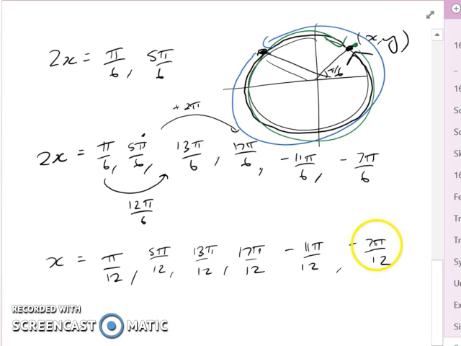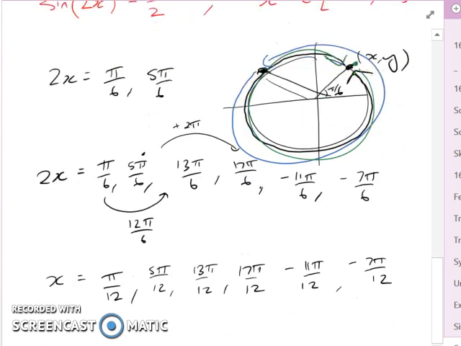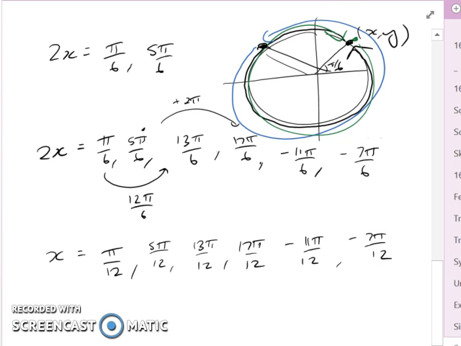I only get to something which is not quite negative pi here, but I need to go all the way around to negative 2 pi. So this one here looks like I'm probably okay. 13 pi on 12, 17 pi on 12.